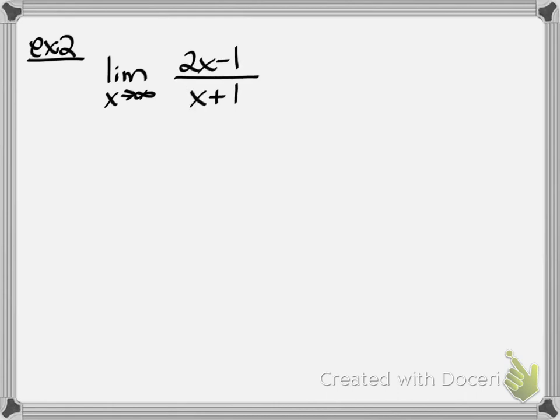Example 2. It should agree. The limit as x approaches infinity of 2x minus 1 over x plus 1. So what we're going to do here is have a strategy, because we're going to try to force that c over x to the r to come into play.